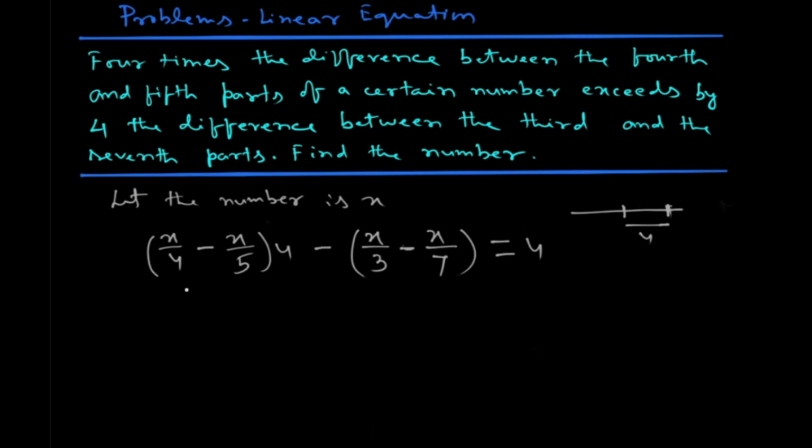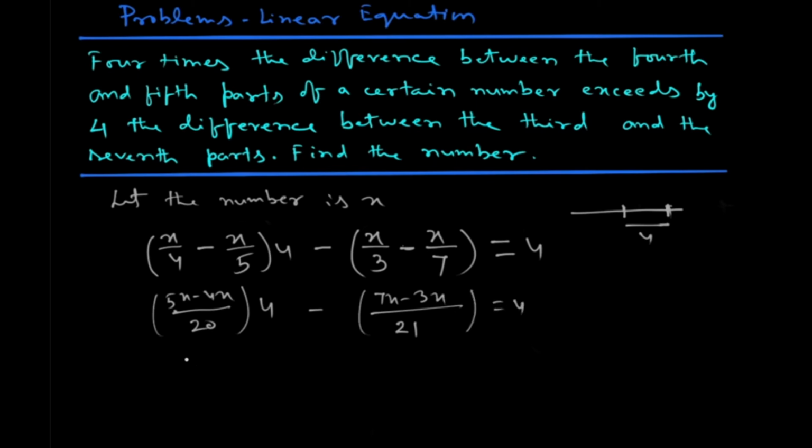So let us simplify. We will take the LCM. LCM is how much? That is 20. So it will be (5x minus 4x) divided by 20, into 4, minus, here LCM will be 21, so it will be (7x minus 3x), that is equal to 4.